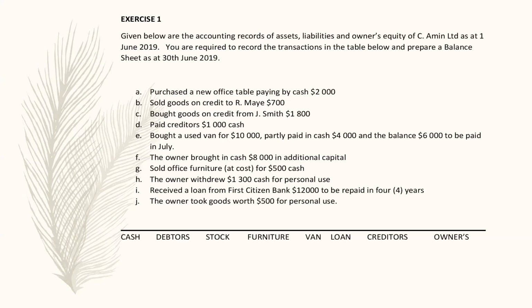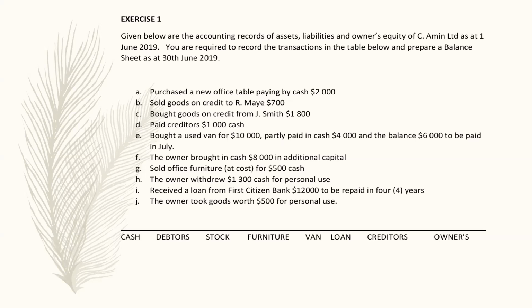Your stock account is going to be reduced because you sold goods, so you put minus 700 under your stock account.